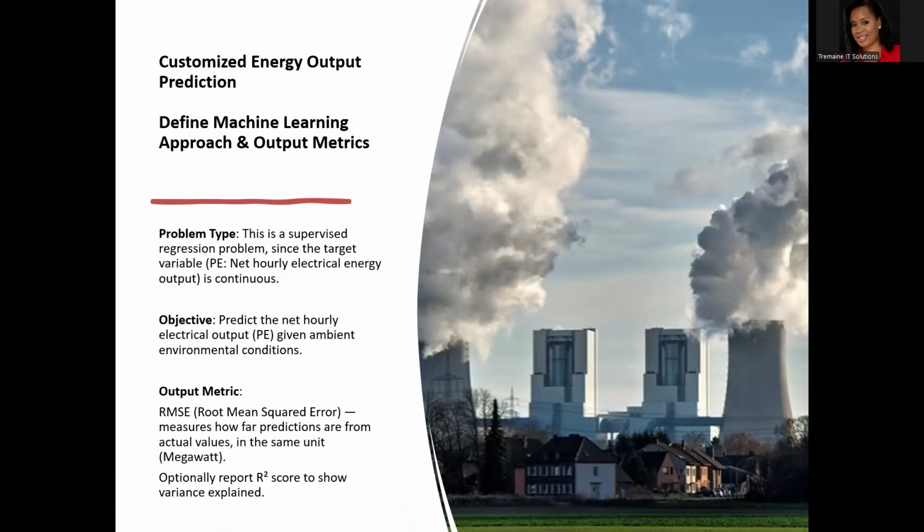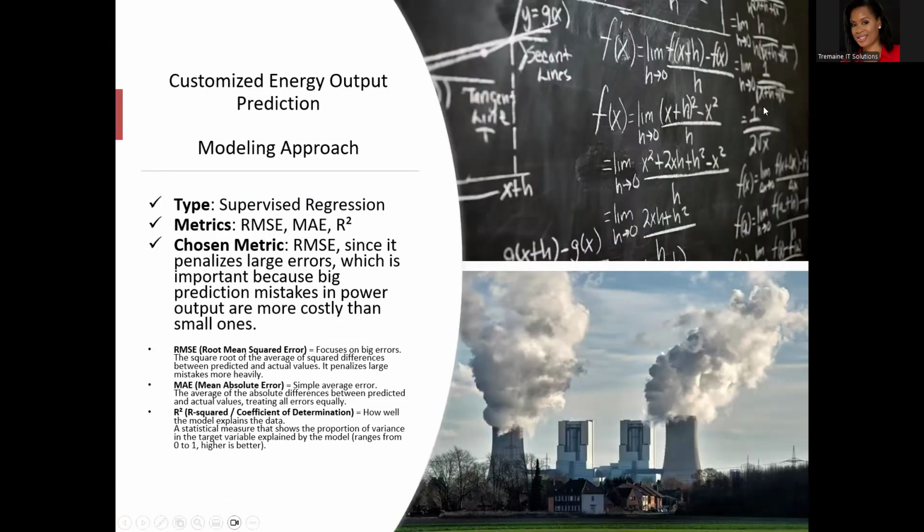Our objective is to predict net hourly electrical output given ambient environmental conditions. Our output metric will be root mean squared error, which measures how far predictions are from the actual values in the same unit. In addition, R2 score to show variance explained.